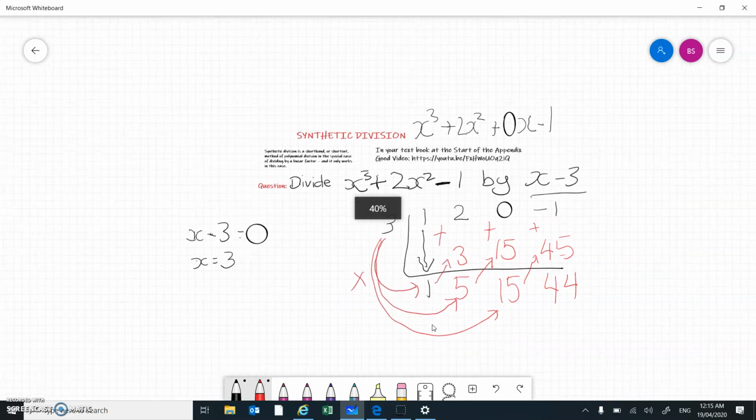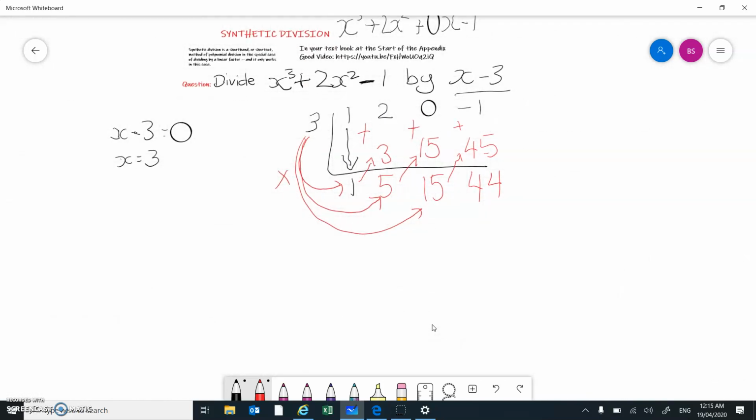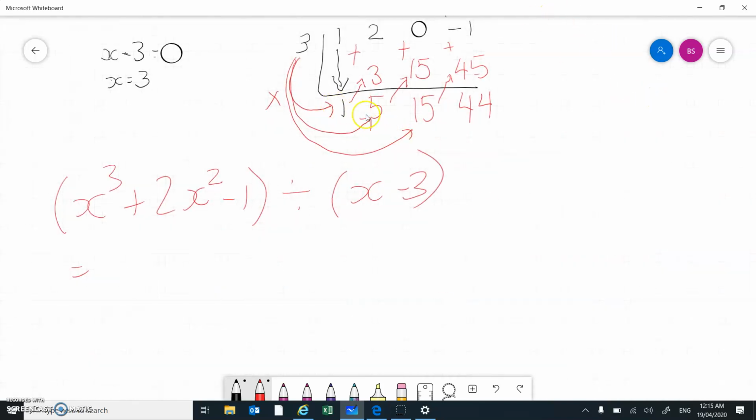So that's all good and well, but it doesn't tell us much until you write the answer. So what's the answer? When you take x to the power of 3 plus 2x squared minus 1 divided by x minus 3, it equals, using these coefficients, 1x squared plus 5x plus 15, and the last number gives you the remainder.